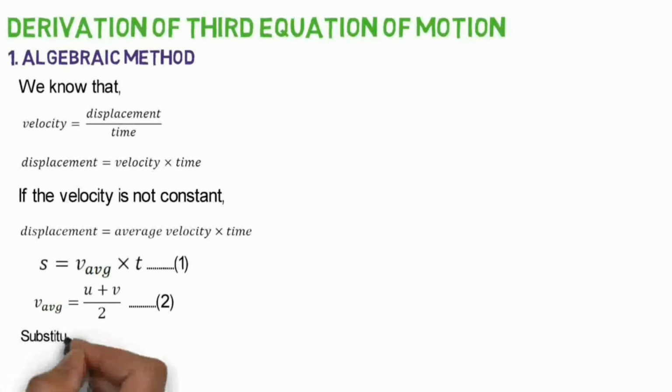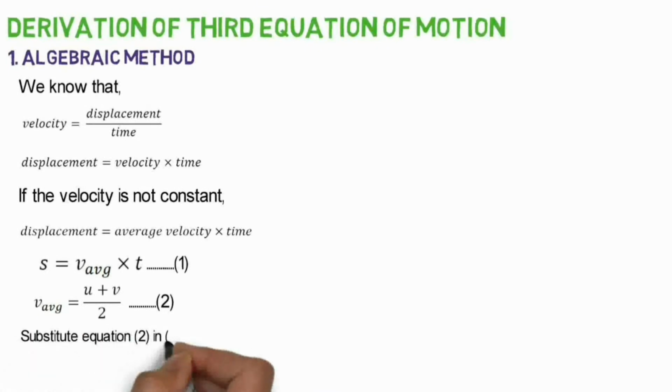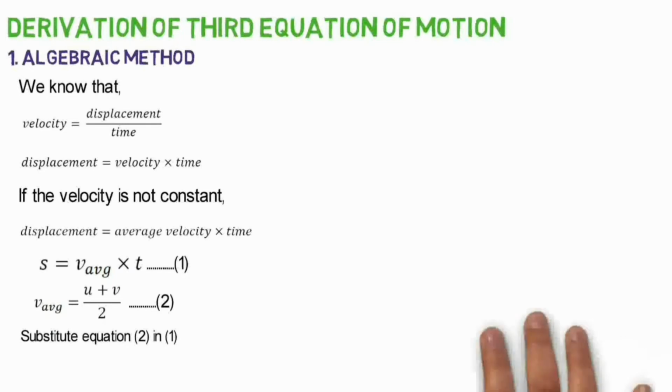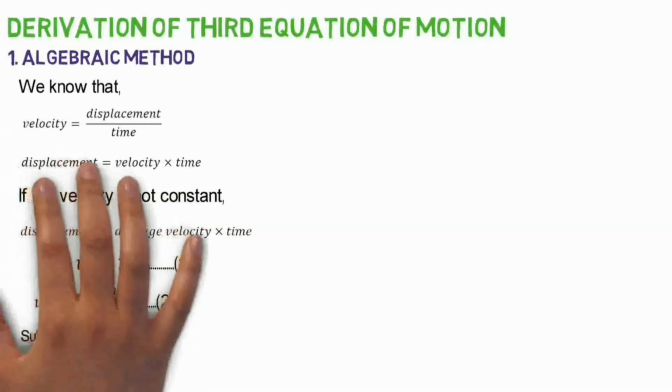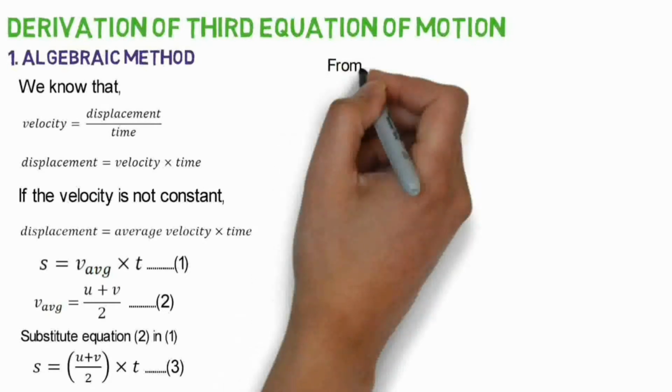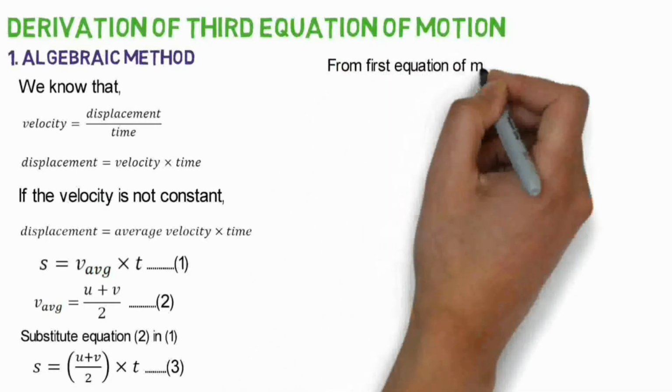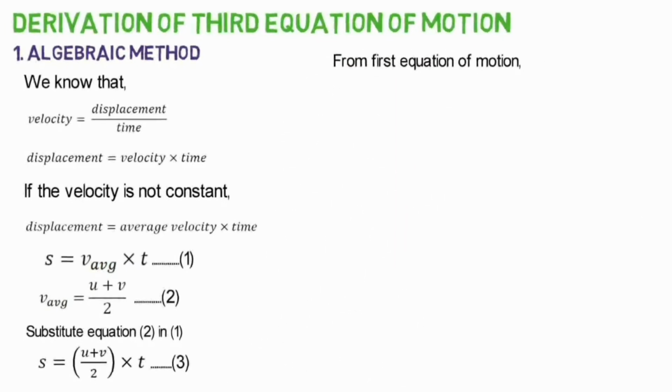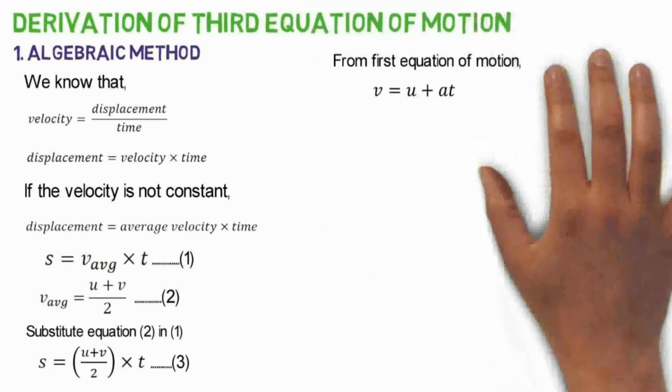Now, substituting equation number 2 in equation number 1, we obtain S is equal to (U plus V) by 2 into T. Consider this as equation number 3. From the first equation of motion, we know that V is equal to U plus AT.